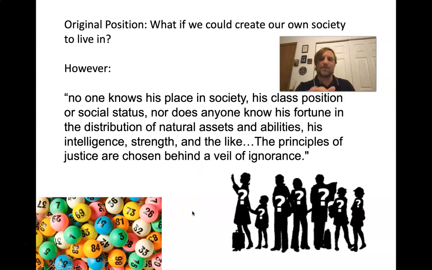No one knows their place in society or their class position or social status, nor does anyone know their fortune in the distribution of natural assets and abilities, their intelligence, strength, and the like. The principles of justice are chosen behind a veil of ignorance. That's a key term there.